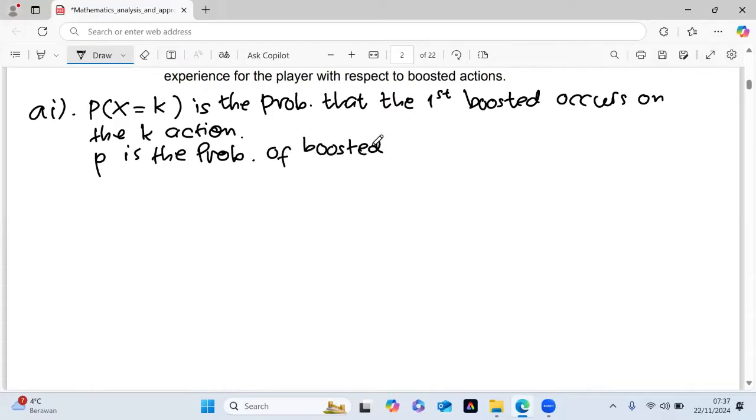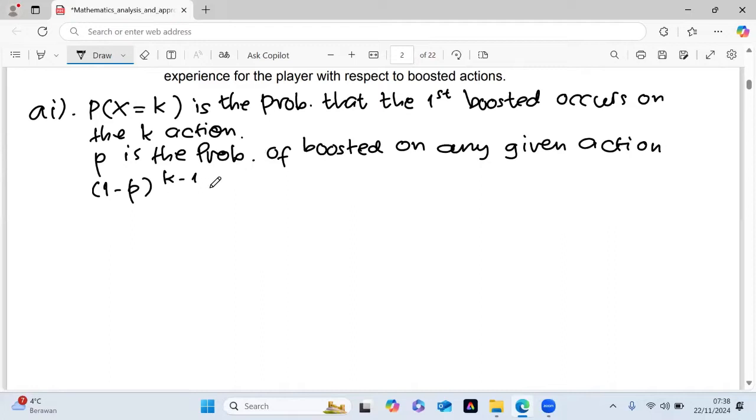I would like to start with the understanding on any given action. And after that, 1 minus p power k minus 1. If p is the probability of boosted, it means 1 minus p is the probability of no boosted.